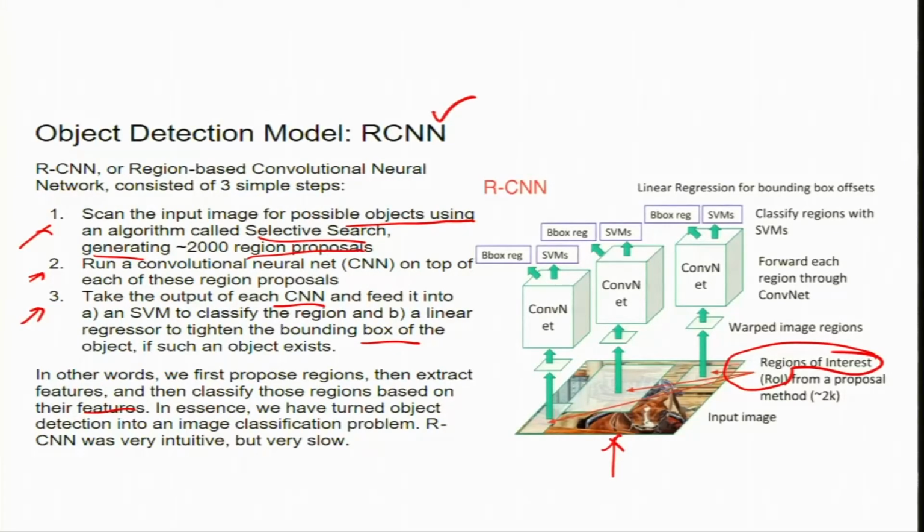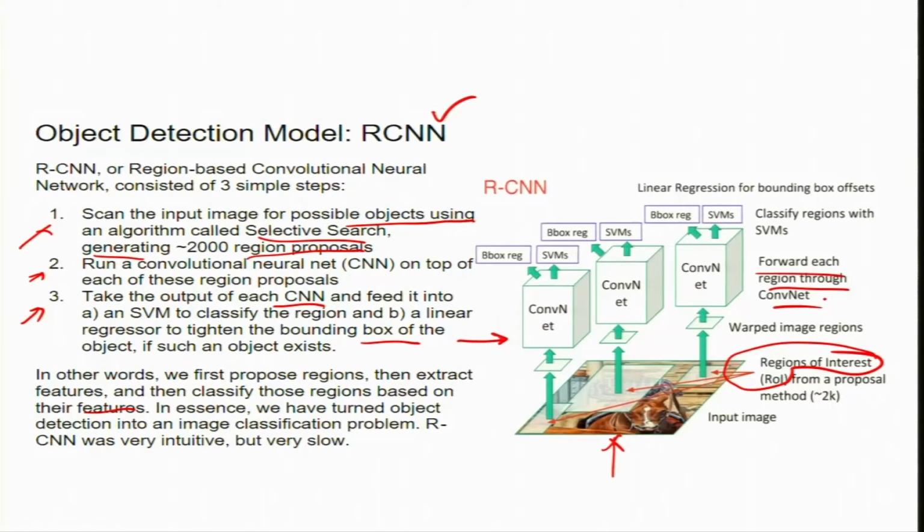If the input image has 3-4 dogs and cats, then for every object a region of interest will be earmarked, and if, for example, 5 regions are there, 5 different CNNs will run, one on each region proposal.